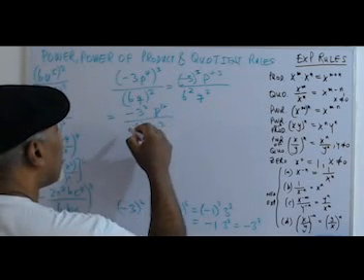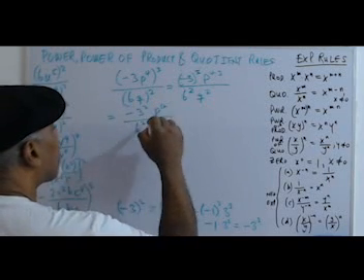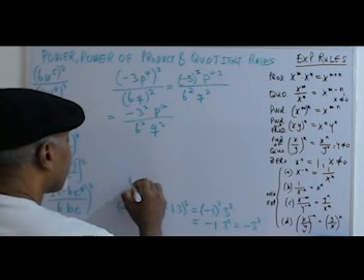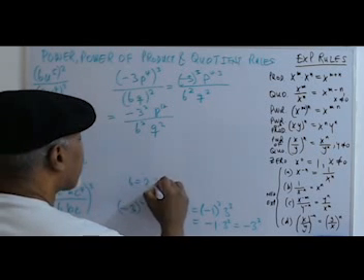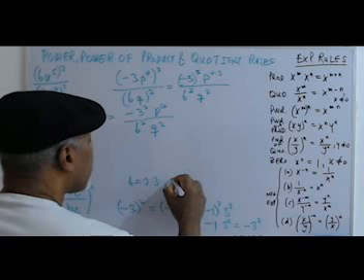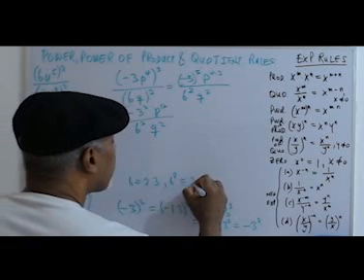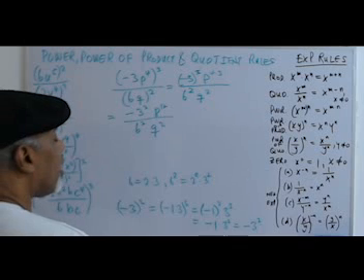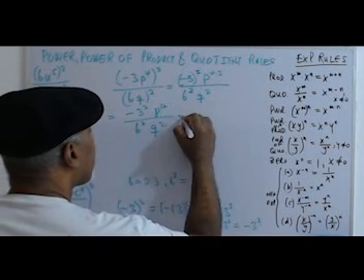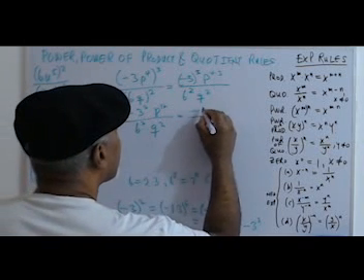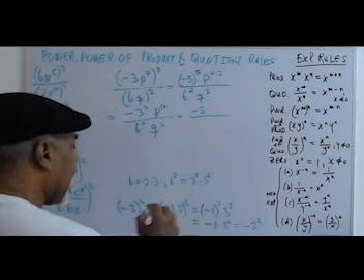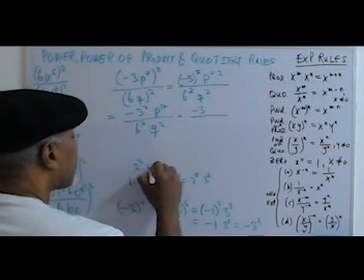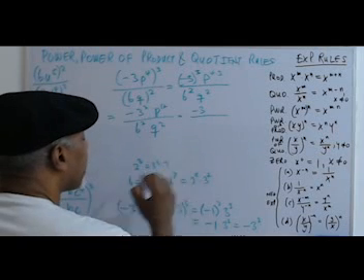Now, we can simplify here because 6 is equal to 2 times 3. So 6 squared is equal to 2 squared times 3 squared. And 3 cubed is equal to 3 squared times 3.